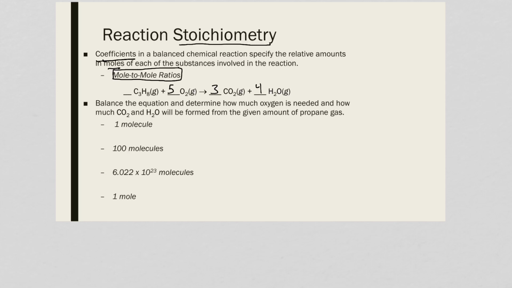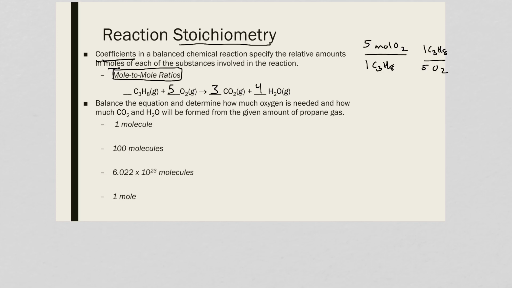Now, by using these, we can develop ratios. So, for example, I could say that for every 5, and I'm just going to use moles, but this could be molecules as well. For every 5 O2, I can make 1 C3H8. Or I can write this in the other way. I could say for every 1 C3H8, I need to react it with 5 O2.